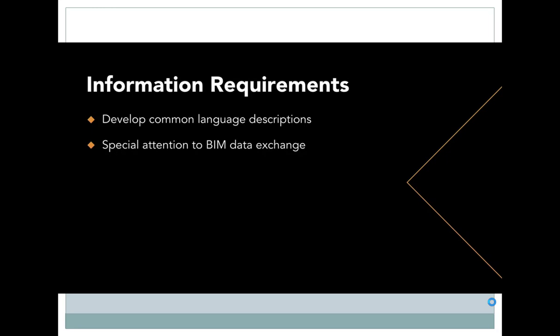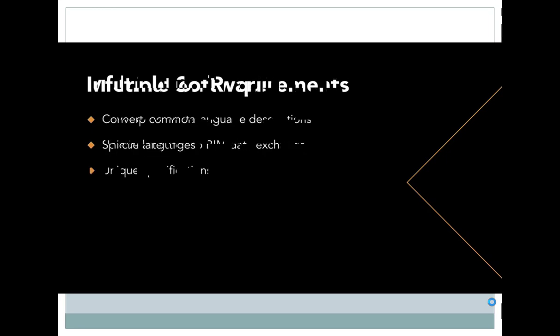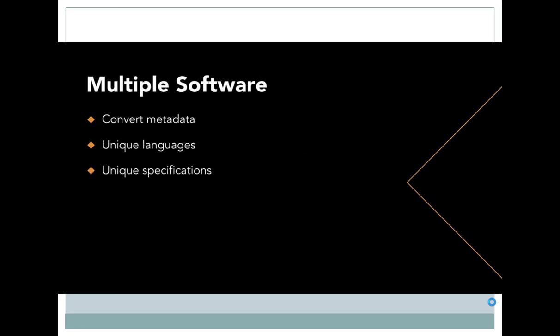As we are talking about collaboration, it is important to develop a common language description of the information requirements, particularly when those include BIM data exchange. Multiple software can be used for the information exchange, so it is important to convert metadata to their unique language and specification.